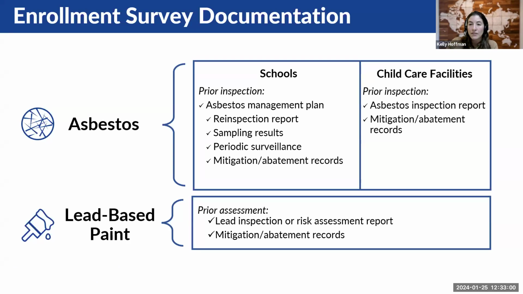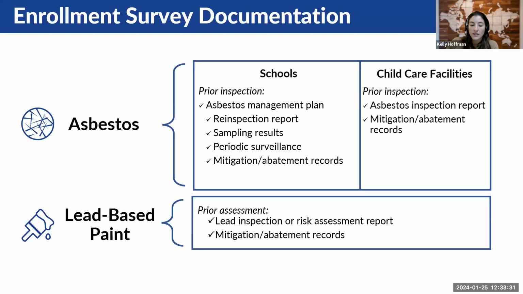While completing the enrollment surveys, facilities are asked to provide specific documentation depending on the information that they enter. If a school has already had an AHERA asbestos inspection, they are asked to provide us with their asbestos management plan that at minimum contains the most recent reinspection report, the sampling results associated with any remaining asbestos-containing materials, the most recent periodic surveillance report, and any mitigation or abatement records from the last 3 years.